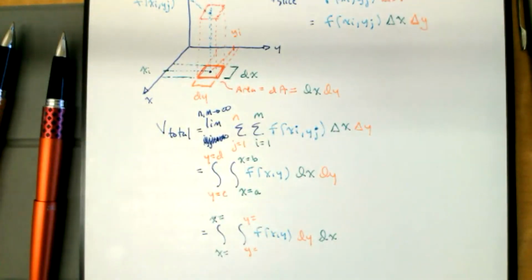A double Riemann sum corresponds to a double integral in the same way that our single Riemann sum corresponded to a definite integral.